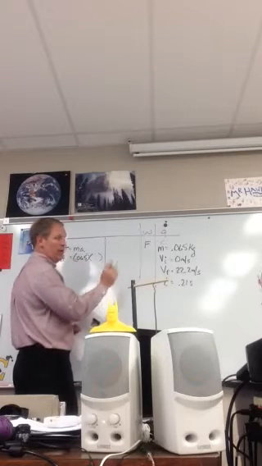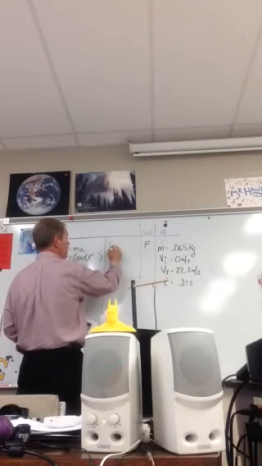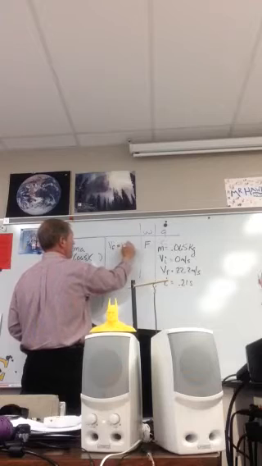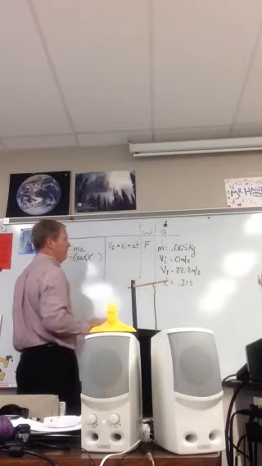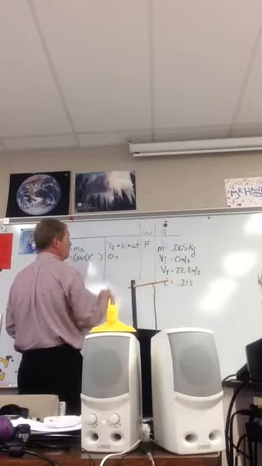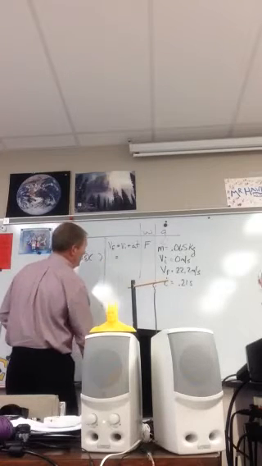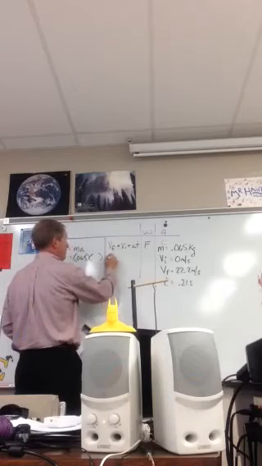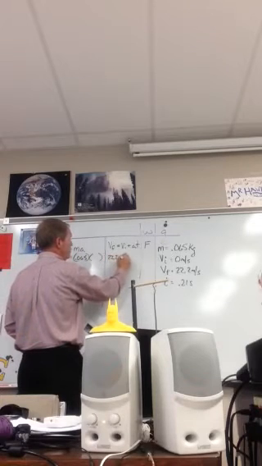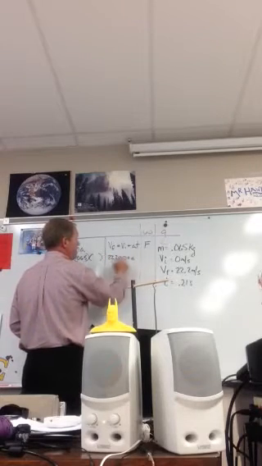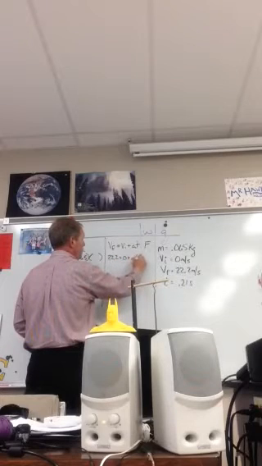I'm going to write it real small or write up close so you can see it. VF equals VI plus AT. I know this is 0. My bad, excuse me. I know this is 22.2. 22.2 equals 0 plus A times 0.21.